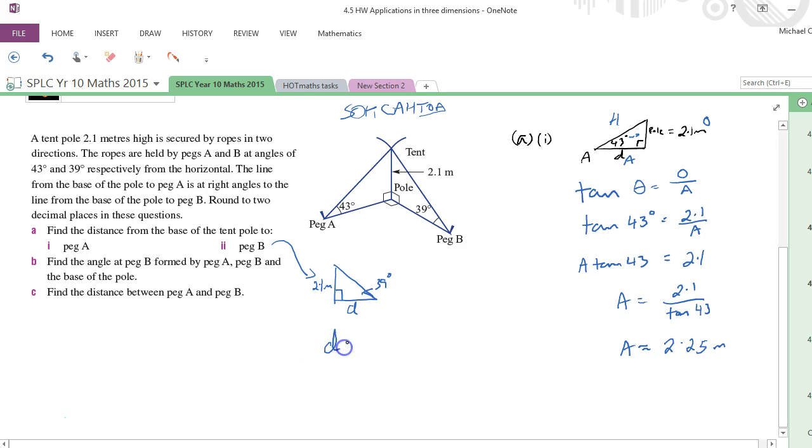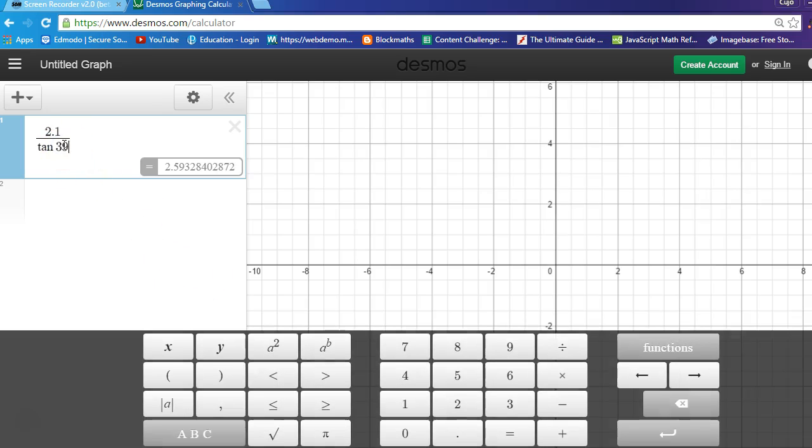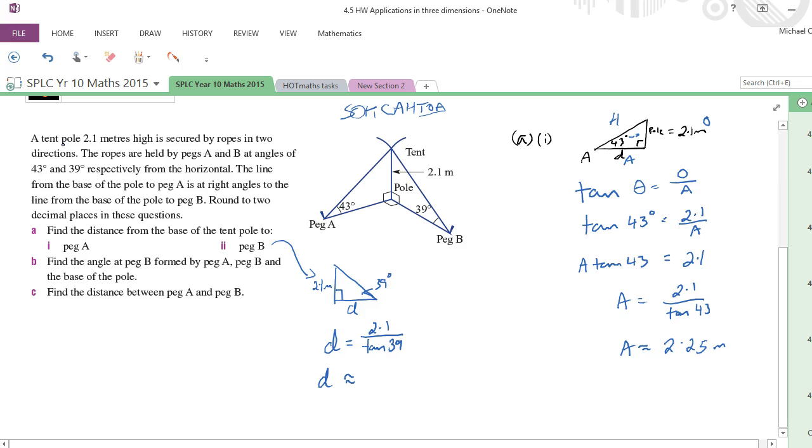So without going through all the steps, you can of course follow all the steps and make sure you do it the same way, but the distance must be 2.1, instead of dividing by tan 43, we're dividing by tan 39 degrees. What's that going to give us for the distance? 2.59 meters. There we go. Again, nothing too hard about that.